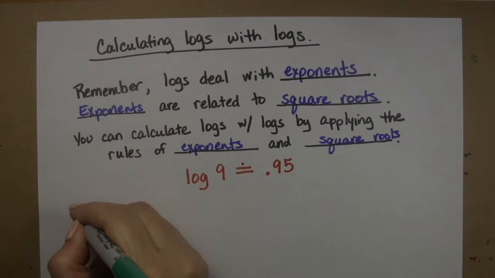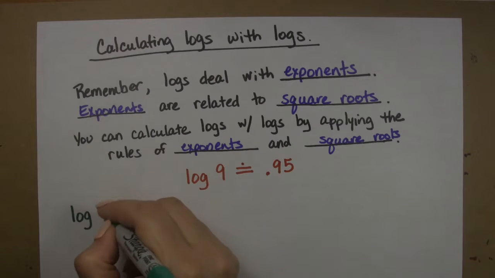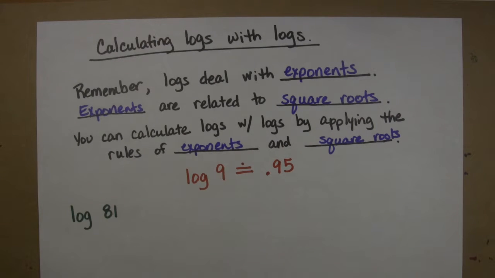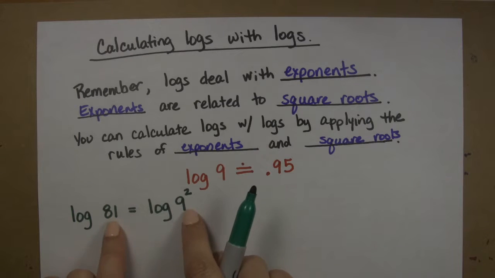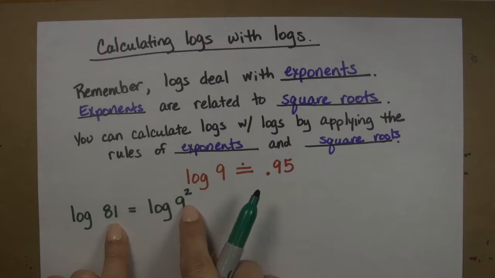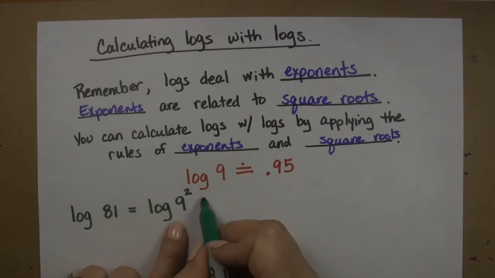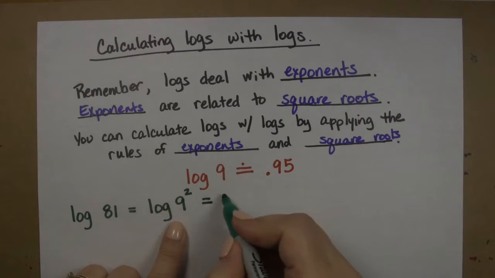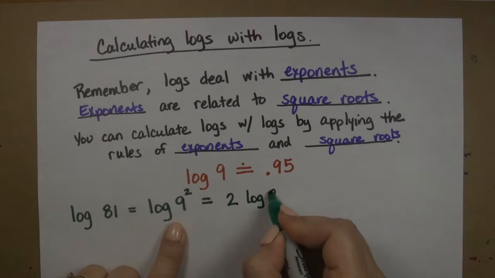For instance, I could tell you the log of 81. That is because the log of 81 is the same thing as the log of 9 squared. See how I put it in terms of 9, because 9 is the only one that I know. And then the log of 9 squared is the same thing, using the birdie rule, as 2 log 9, right?